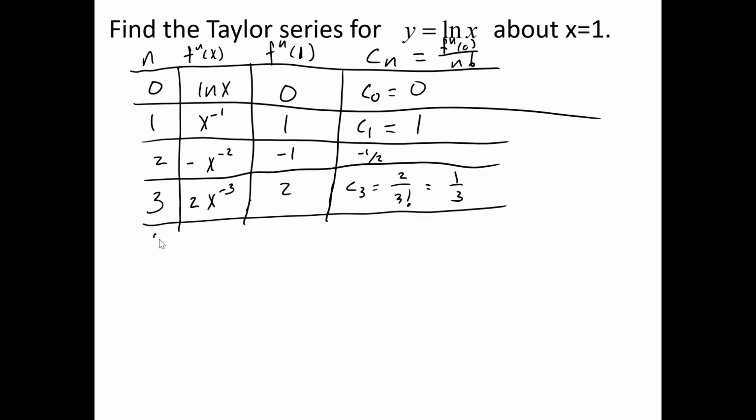When n is 4, negative 3 times 2 is negative 6. X to the negative 4. Plug in the 1, you get negative 6. Notice that we're not getting 4 factorial, we're getting 1 less than that factorial. We're getting 3 factorial. So then C4 is going to be the negative 6 over 4 factorial, which the 6 is 3 factorial over the 4 factorial, and you're just going to get negative 1/4.